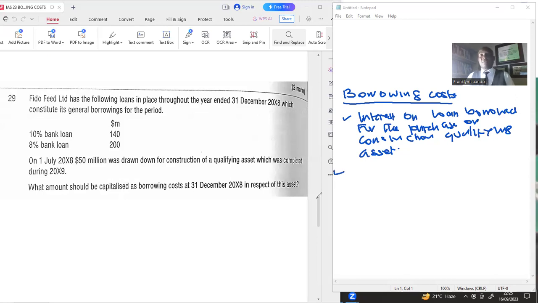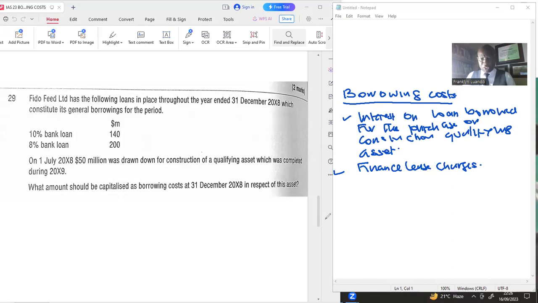Also, we have finance lease charges. Finance lease charges are also part of the borrowing cost. Basically, those are the examples of borrowing costs.